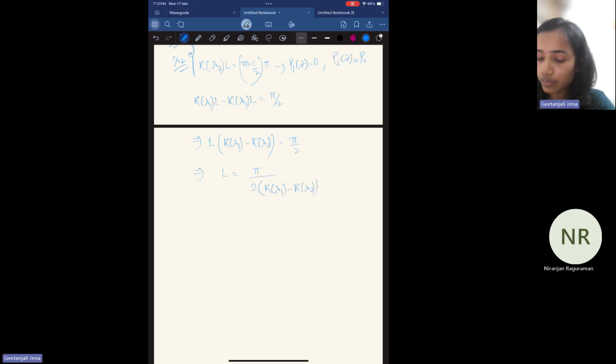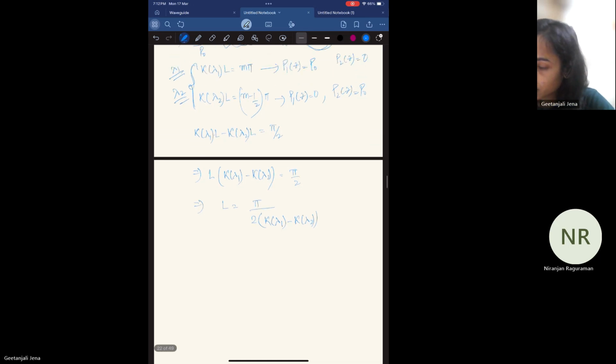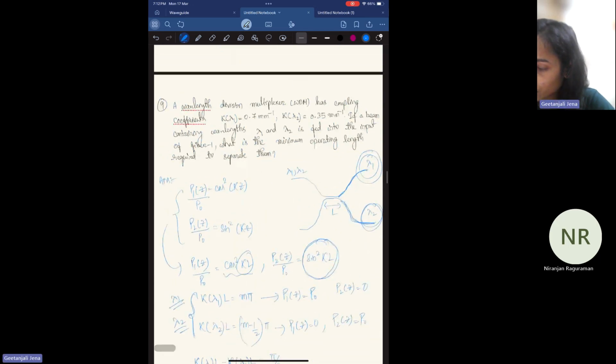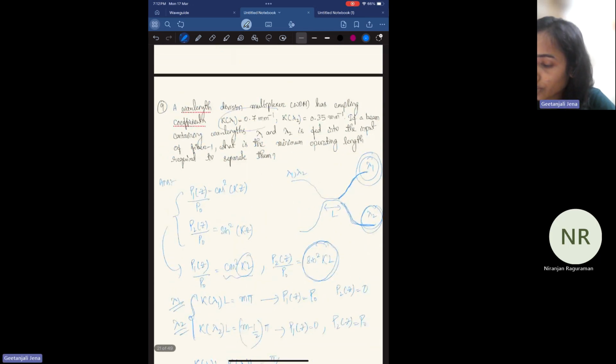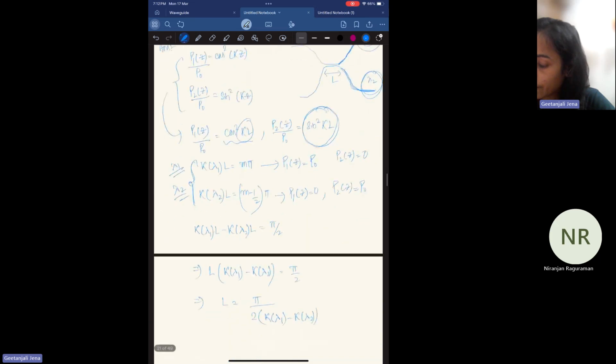And K lambda 1 and lambda 2 are given. K lambda 1 is 0.7 millimeter inverse and K lambda 2 is 0.35 millimeter inverse.